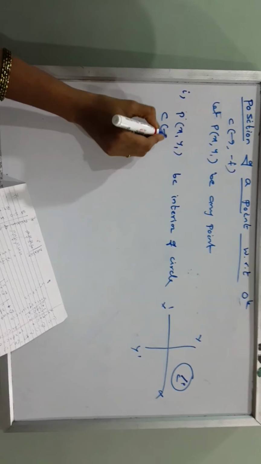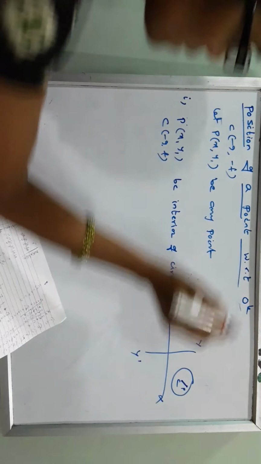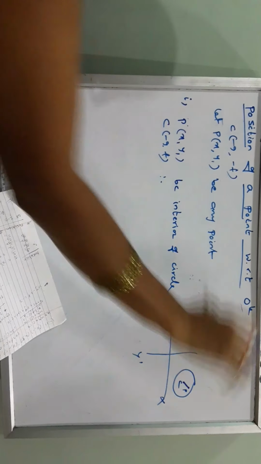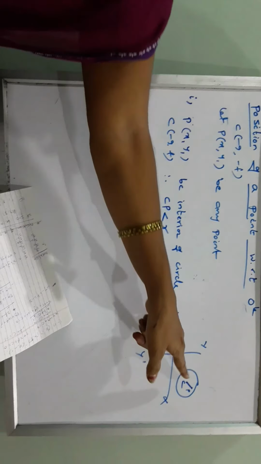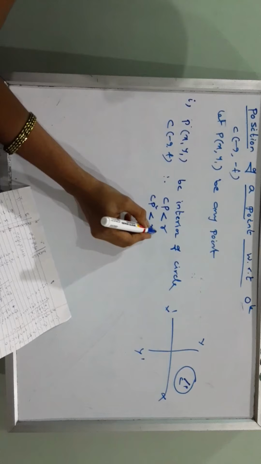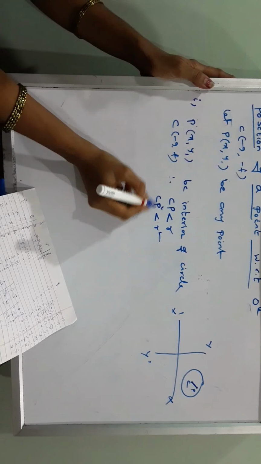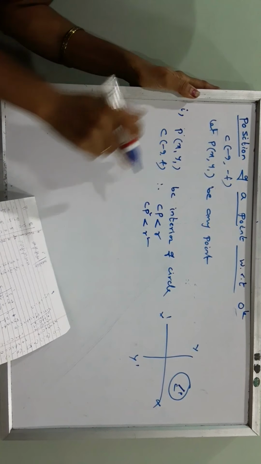Here C is minus g comma minus f. This length is also r. From the diagram, CP is less than r, where r is the radius. Squaring on both sides, CP square is less than r square. CP means the distance between C and P. What is the distance formula?